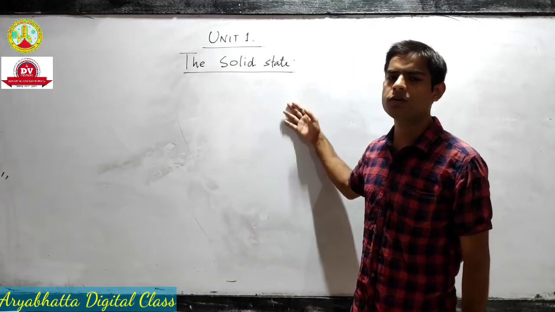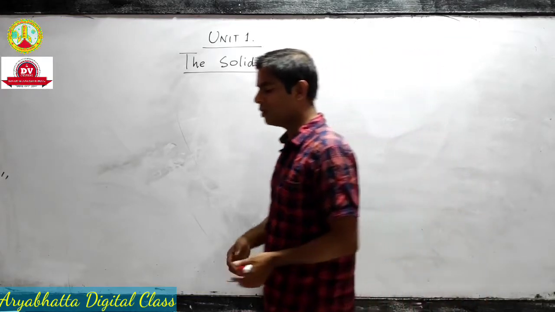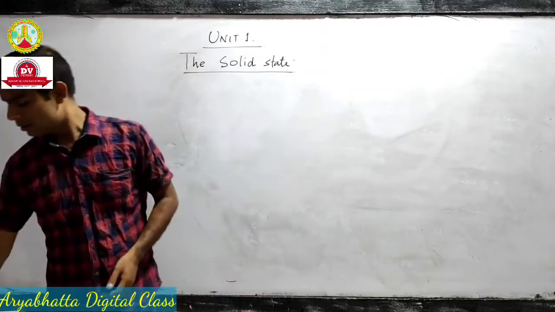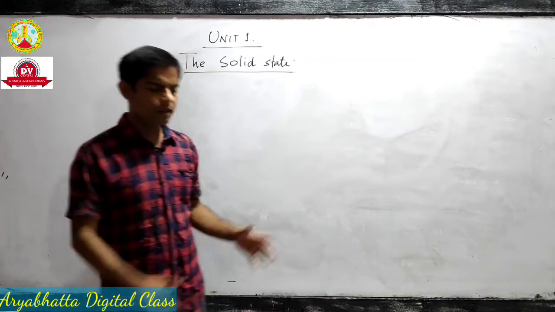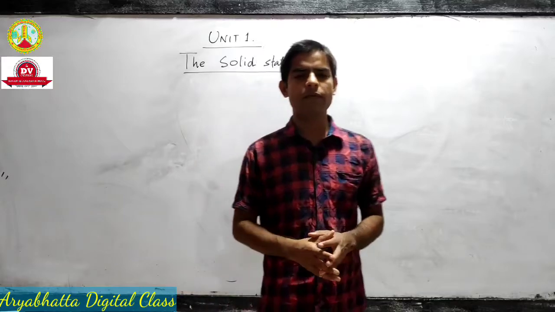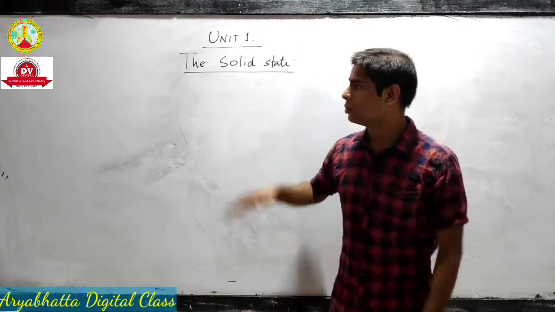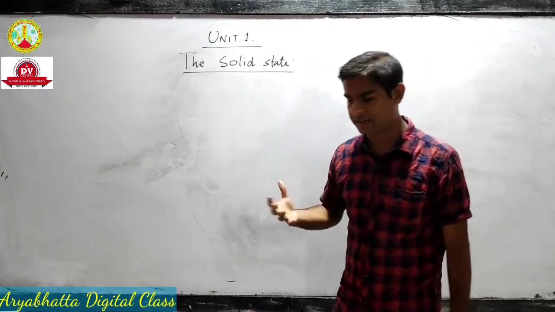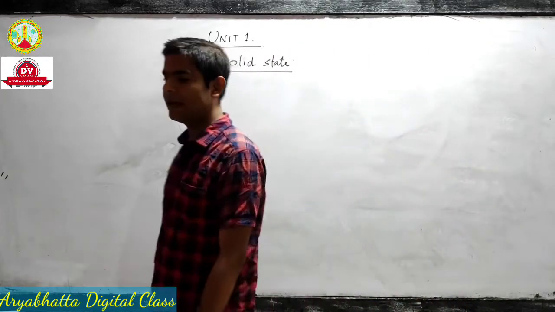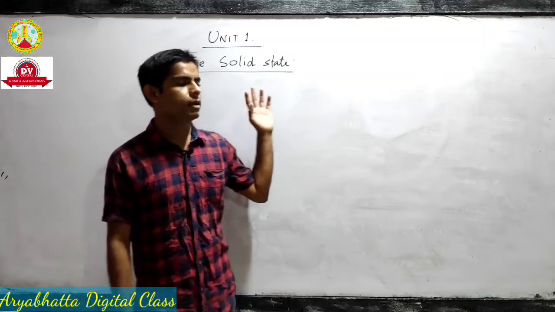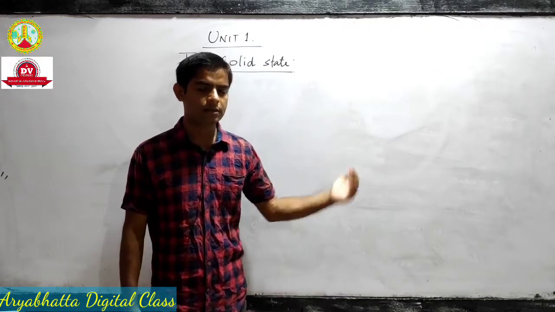Now before going to the solid state, we all know that in general we have 3 different states of matter, and these are solids, liquids and gases. And how do solids differ from liquids and gases?